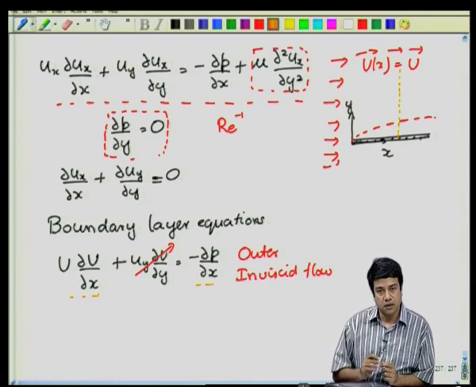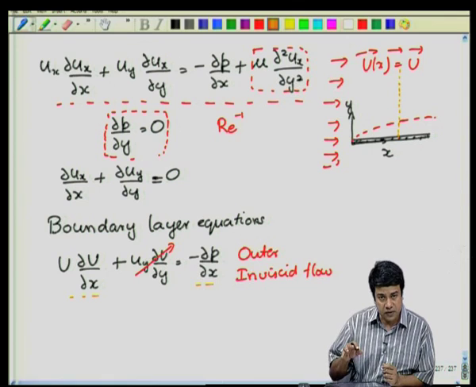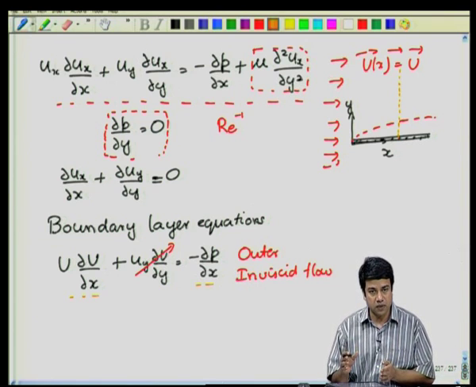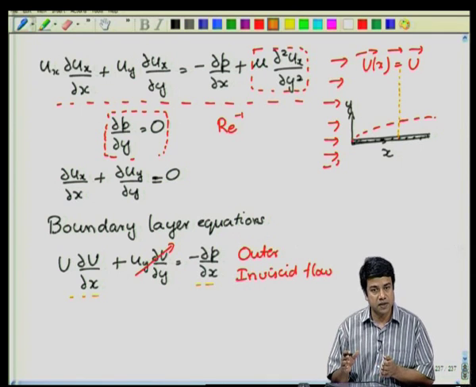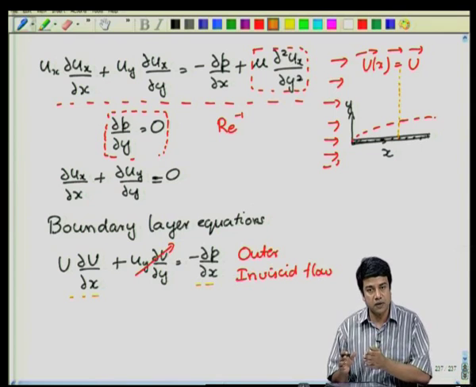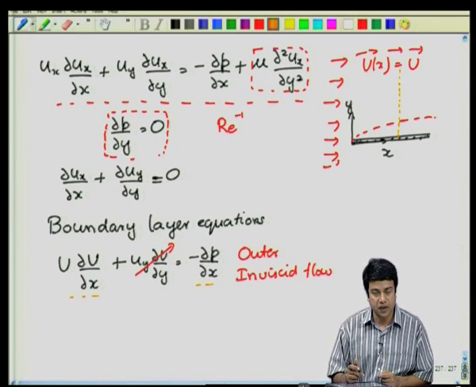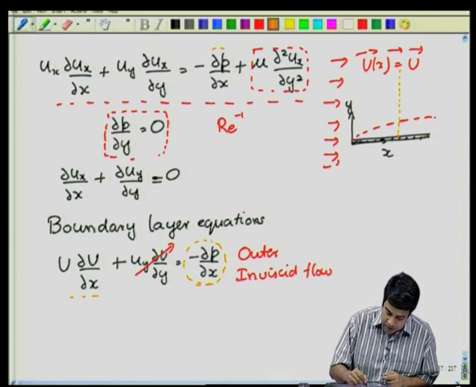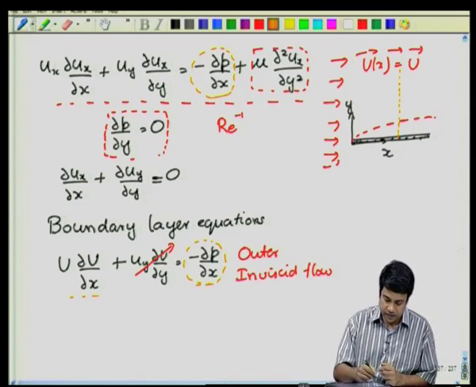The pressure is independent of y, that means that at any y, the pressure gradient is given by U times partial U by partial x, because I have the condition that the pressure is independent of y. So, therefore, I can substitute this for the pressure gradient at any value of y.